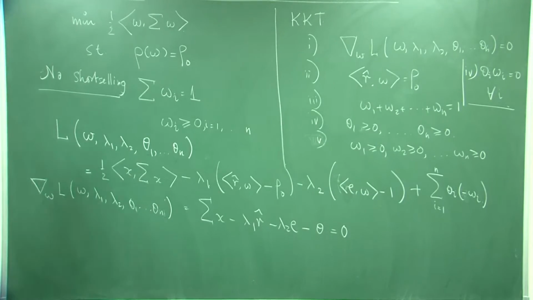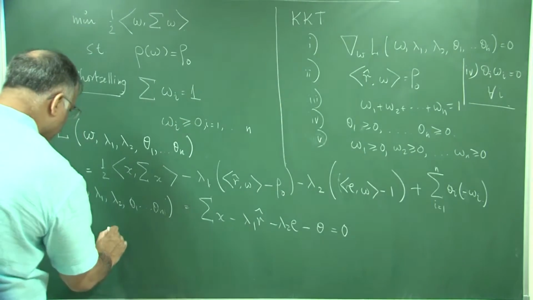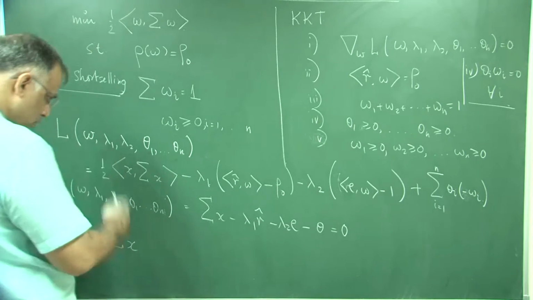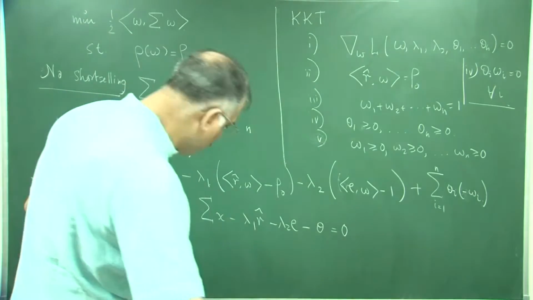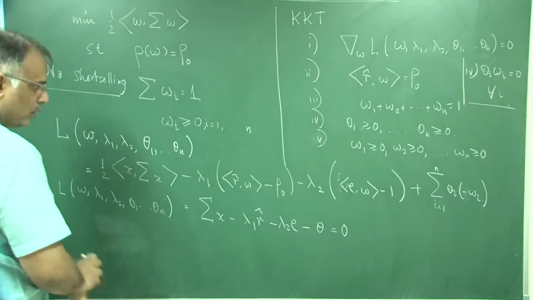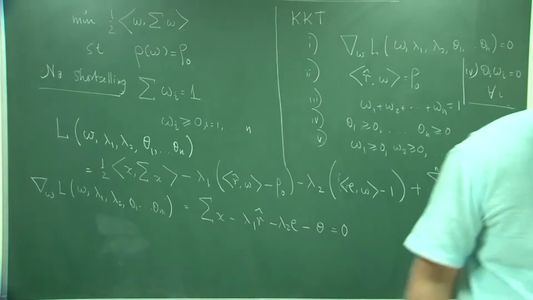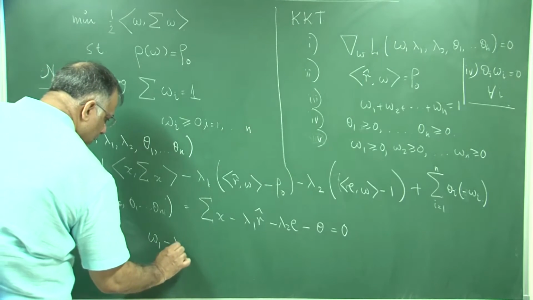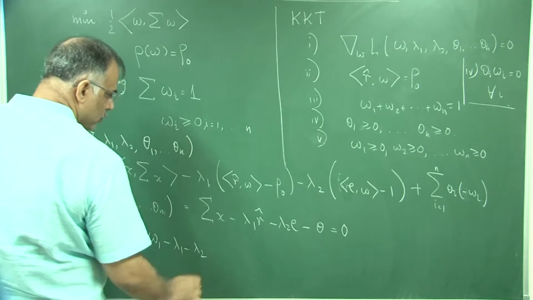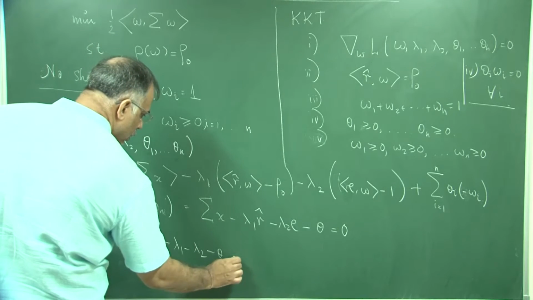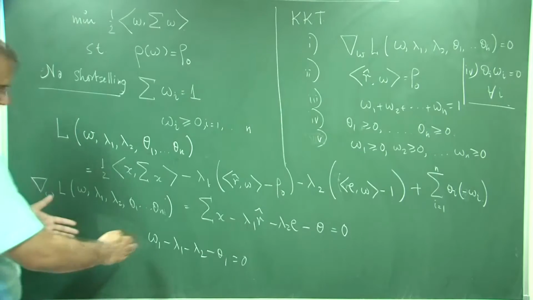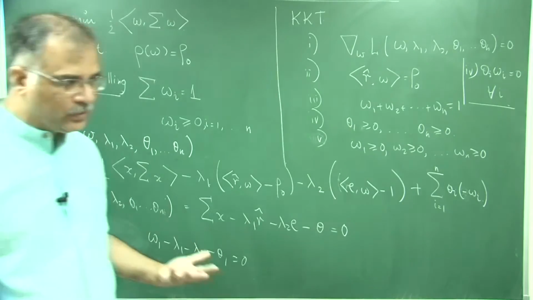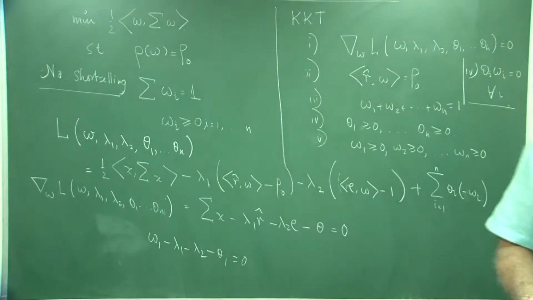If you look into what we have done in the last one, even with those uncorrelated assets, if I go to the previous example in the last class, then the first equation I will have is lambda 1 minus lambda 2 minus theta 1. So you have to have this, and you also should have theta 1 W1 equal to 0. That is the way you are really going to figure out the stuff.